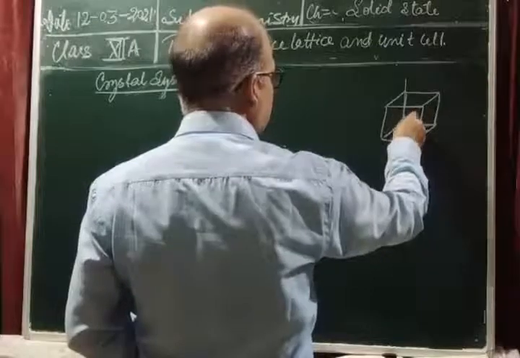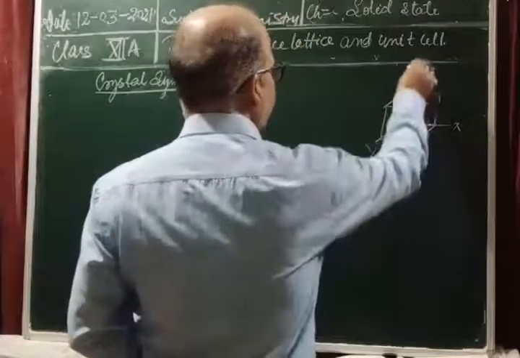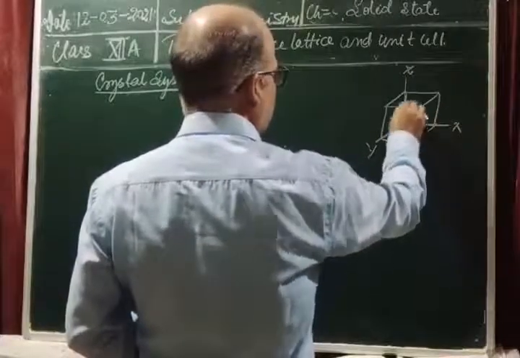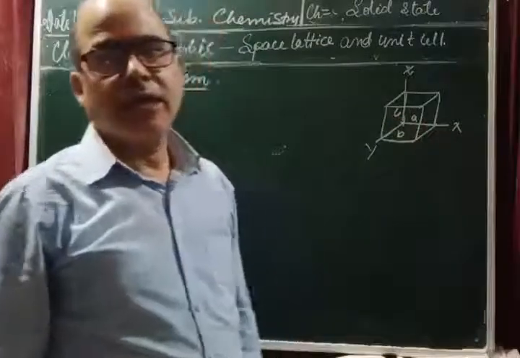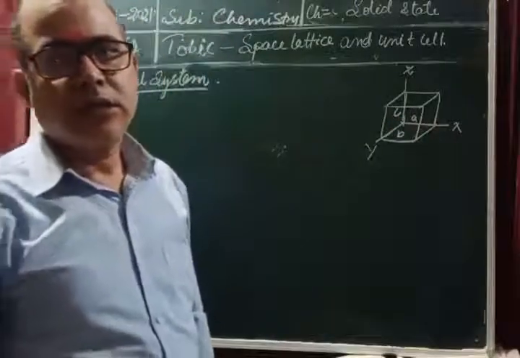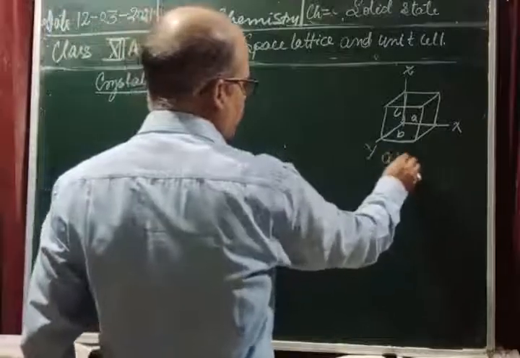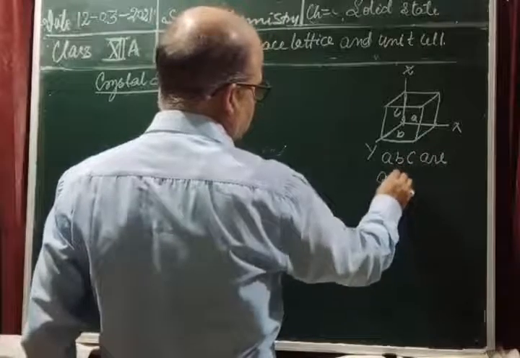Here are x, y and z. A, B and C. These A, B, C are the axial distance or axial length.